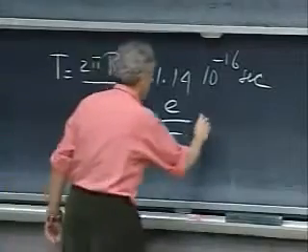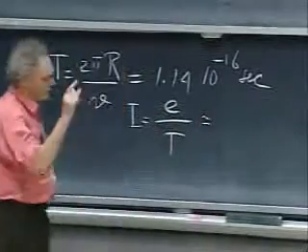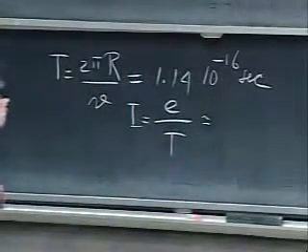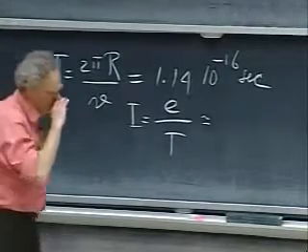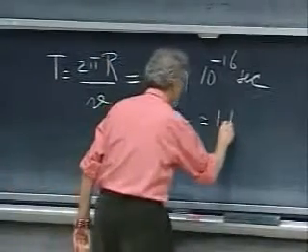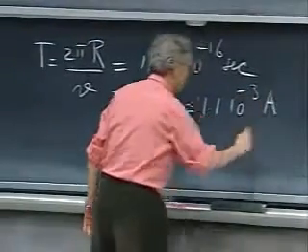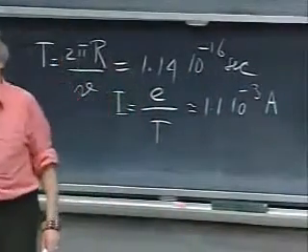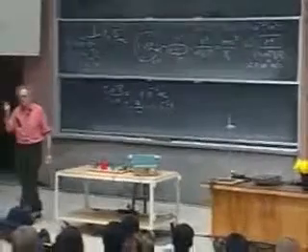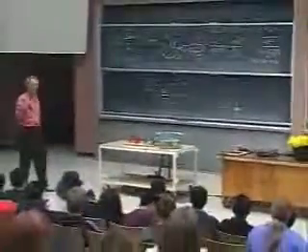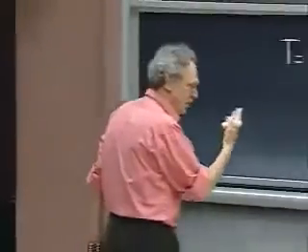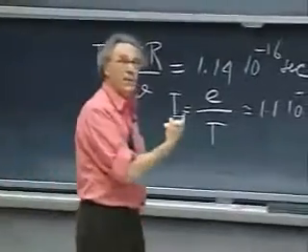And so this current then that you have, which is simply due to the electron going around the proton, is about 1.1 times 10 to the minus 3 amperes. And that is mind-boggling. A milliampere, one electron going around a proton, represents a current of a milliampere.